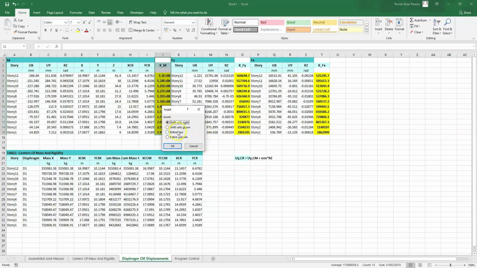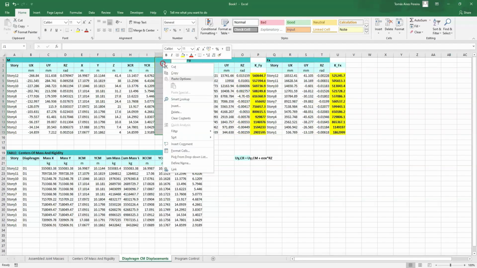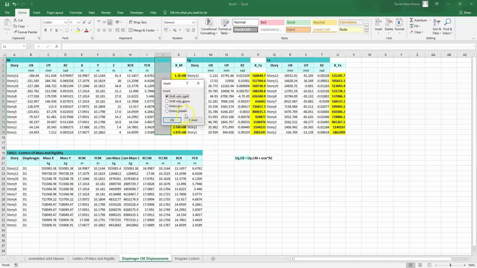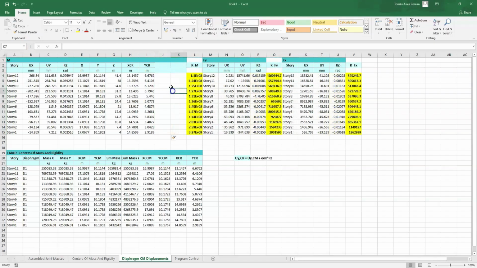We will insert a new column and calculate both E0x and E0y, which are necessary to then calculate the x and y contributions of the new displacement at the centers of stiffness. How do we do it? Very easily.